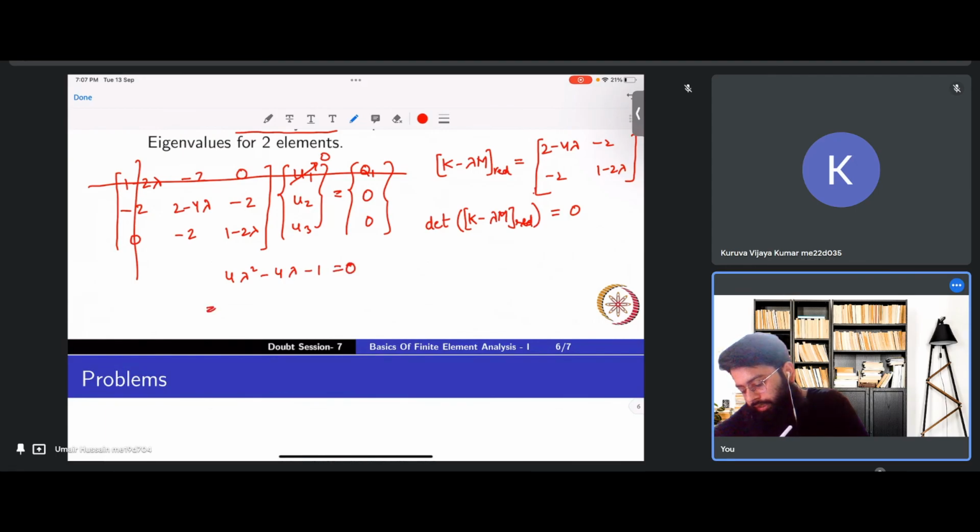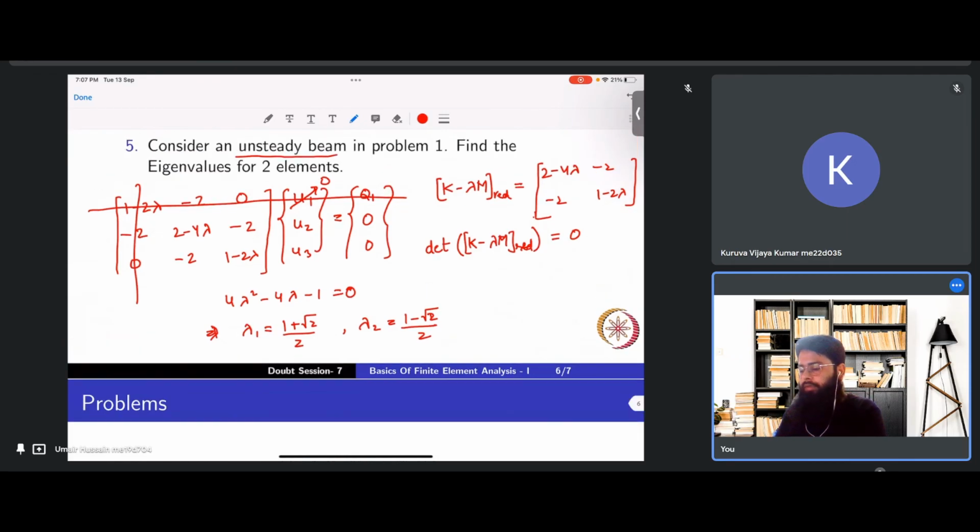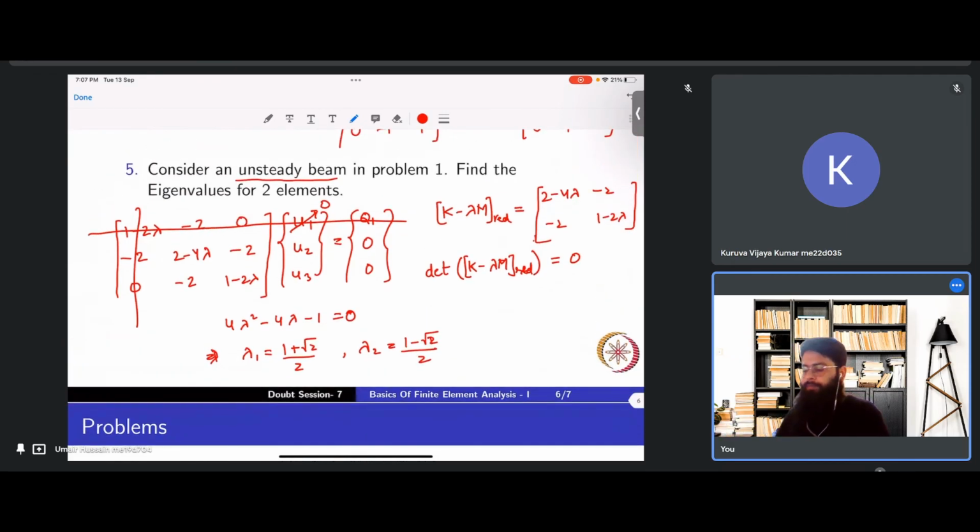Solving this, we get lambda 1 equals 1 plus root 2 by 2, and lambda 2 equals 1 minus root 2 by 2. Yeah, so these are the eigenvalues for the unsteady beam in problem 1.